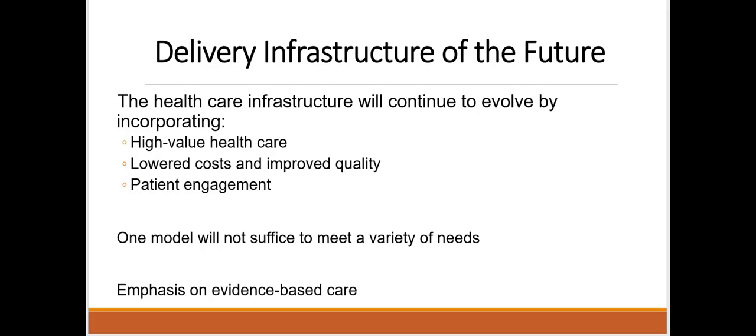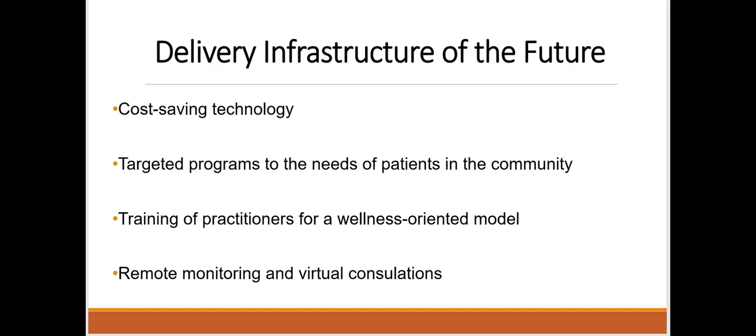So now looking at the delivery infrastructure of the future. The healthcare infrastructure will continue to evolve by incorporating high-value healthcare, lowered costs, and improved quality and patient engagement. One model will not suffice to meet a variety of needs. Emphasis on evidence-based care will definitely be a focus as well.